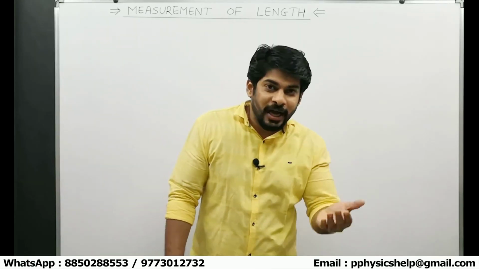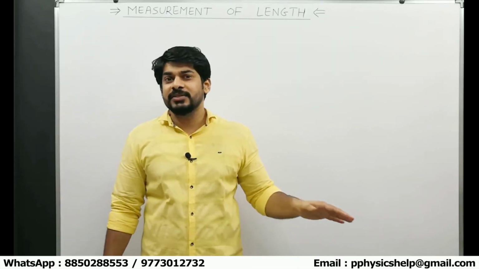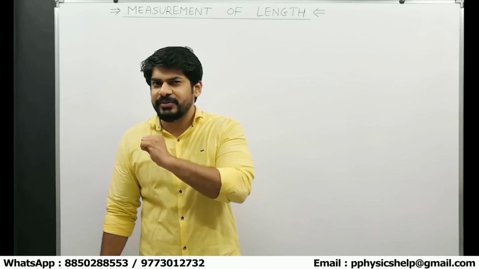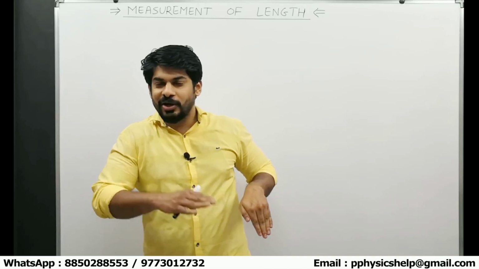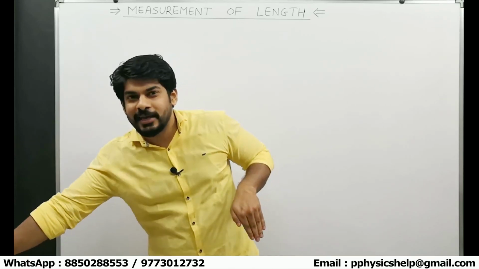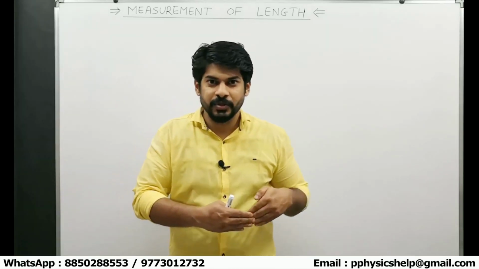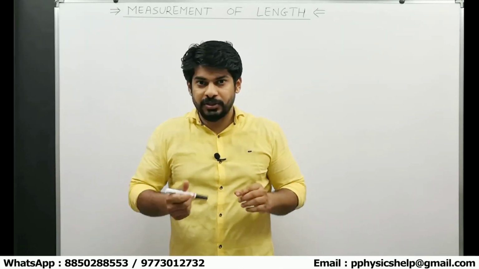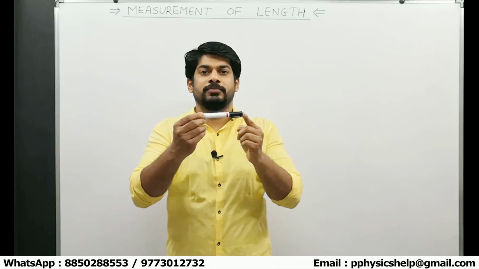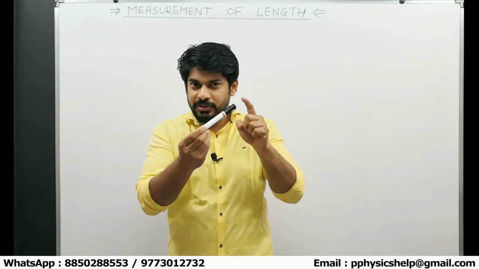Why am I saying this? Because everything is relative actually. That means relative to a human being, relative to any other animal, something is different, isn't it? For example, relative to me, this pen is small.